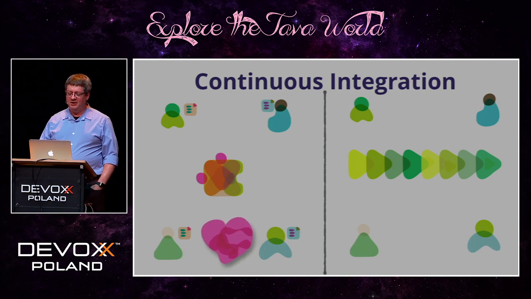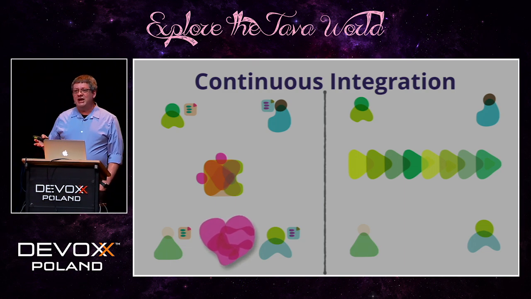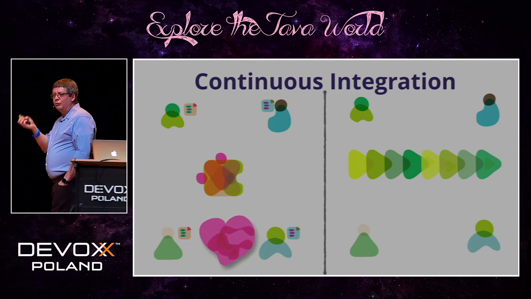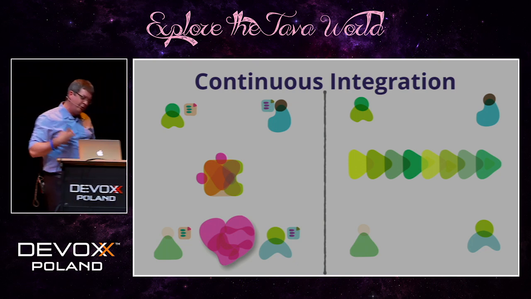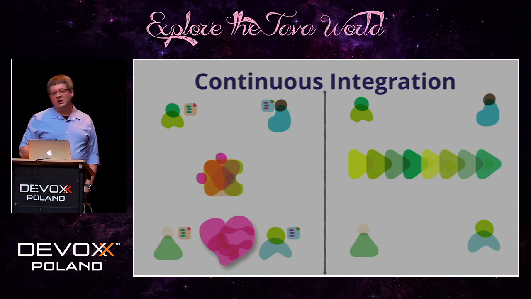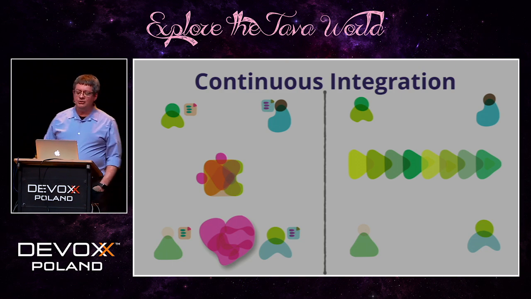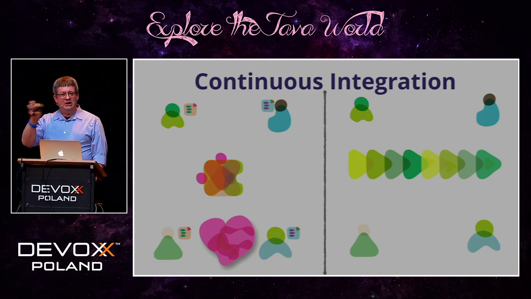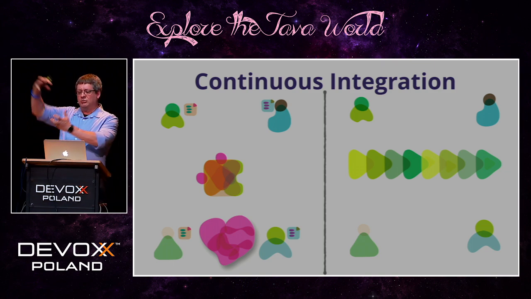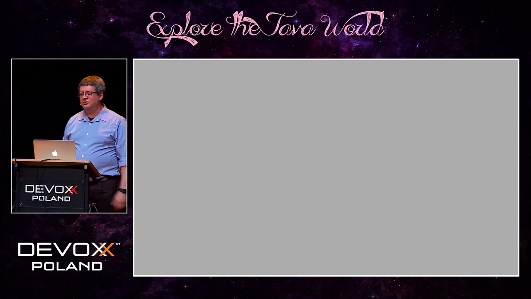Bless your heart. But then it turns out if you do it every day, it never grows into this monstrous big pile of pain. And so what the extreme programming guys kind of stumbled onto is this idea that's quite common in agile software development now, that when you find those painful little things like integration, you want to try to do those more often rather than less often, because if you can capture them really early, they don't grow into these big monsters of pain that you see before.